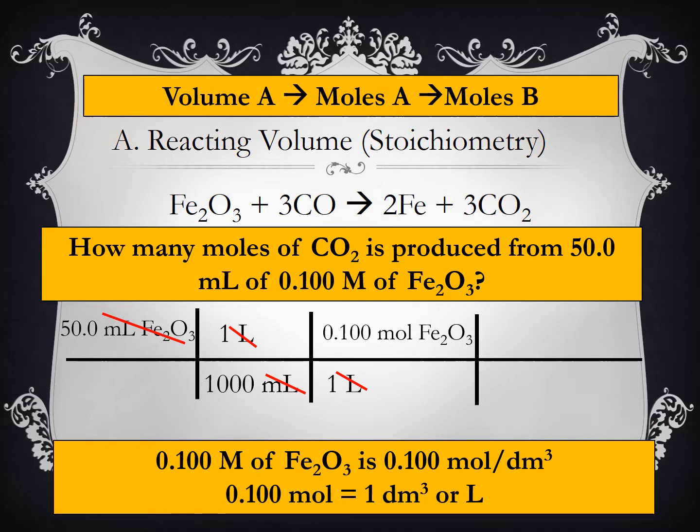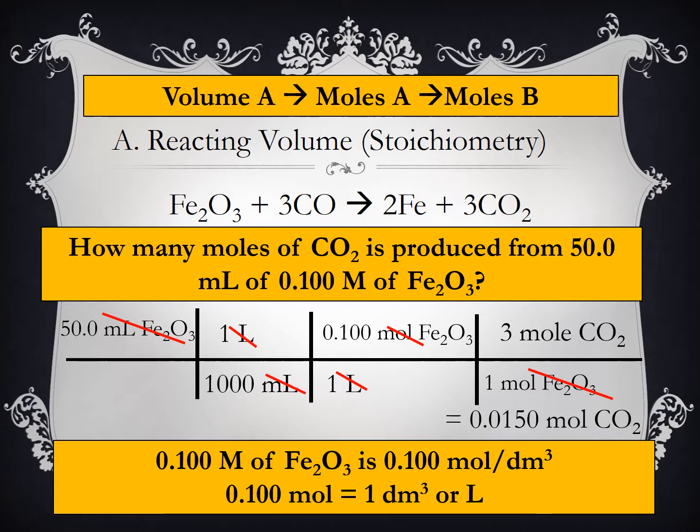And we want to find moles of CO2. 1 mole of Fe2O3 in the balanced equation goes to 3 moles of CO2, and moles go bye-bye. Again, it's all dimensional analysis using your conversion factors that are given to you in the problem. The balanced equation is a conversion factor, and the molarity is a conversion factor. And we get 0.0150 moles of CO2.